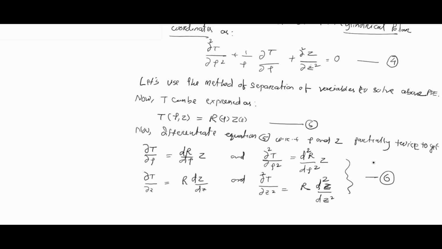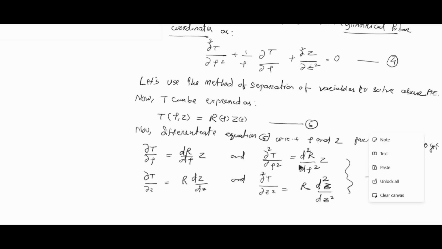Let us substitute the values of del square T by del rho square and del square T by del Z square from equation 6 into equation number 4.